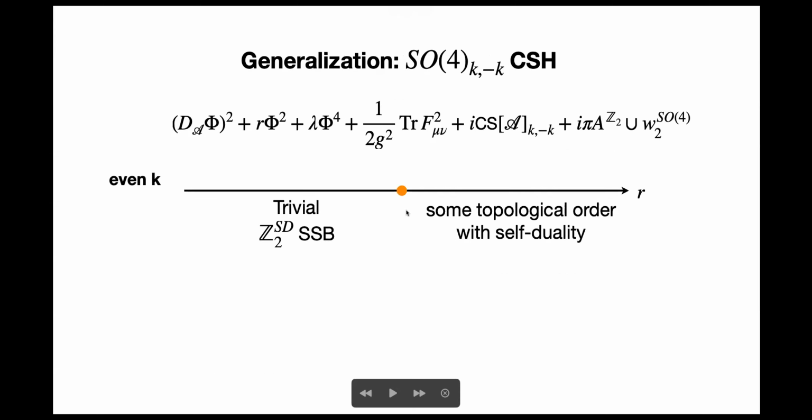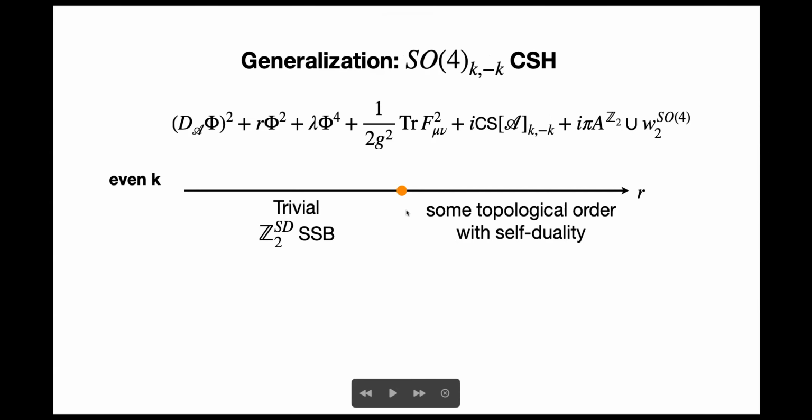And that closes my story for the toric code transition. But naturally, this field theory can have a natural generalization. You just take this level k to be any positive integer, and they have two classes. When k is even and when k is odd, they have slightly different predictions.